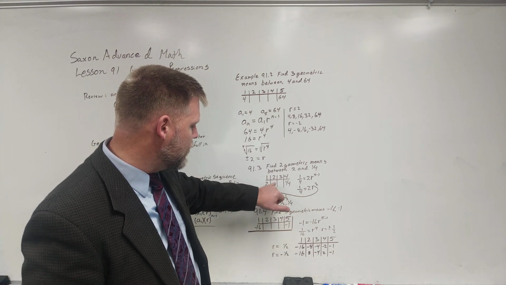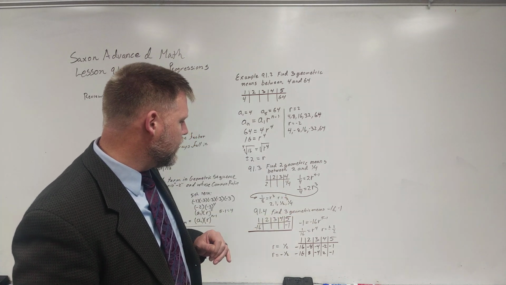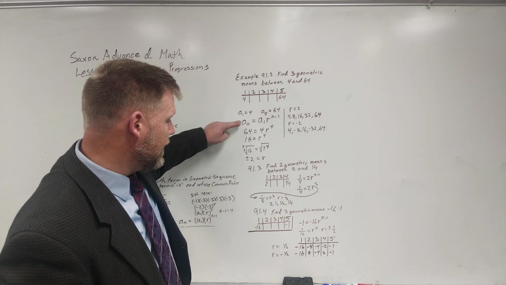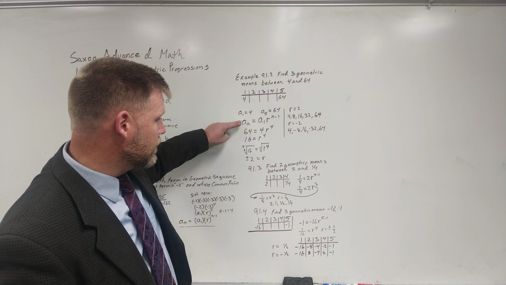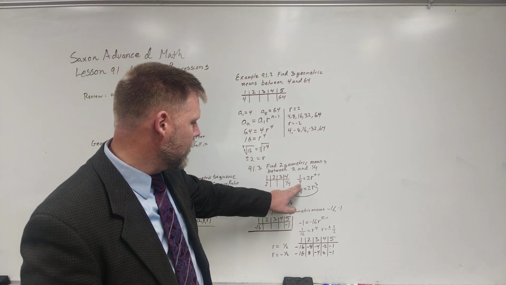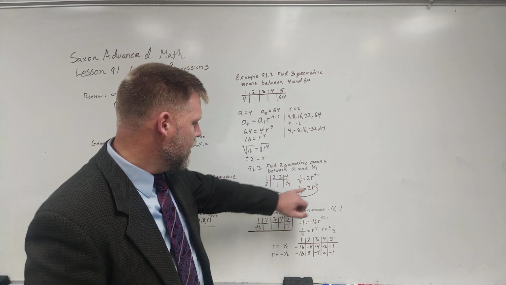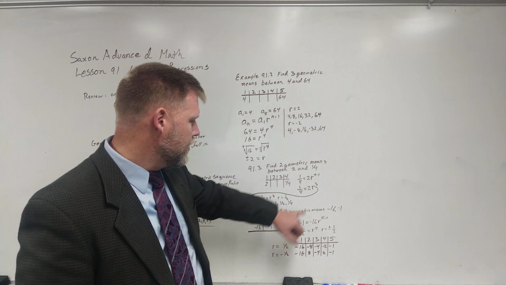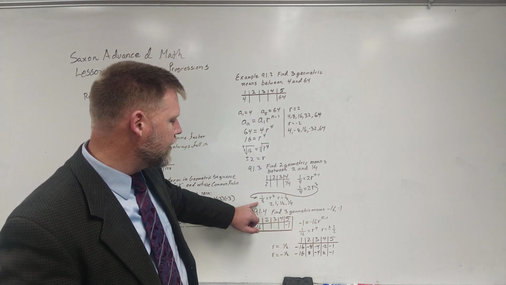Well, my formula, once again, A_n equals A1 R to the n minus 1. So 1/4, the term I'm looking for, equals 2, the first term, times R to the power of 4 minus 1, which is 3. Divide both sides by 2, and I end up with 1/8.